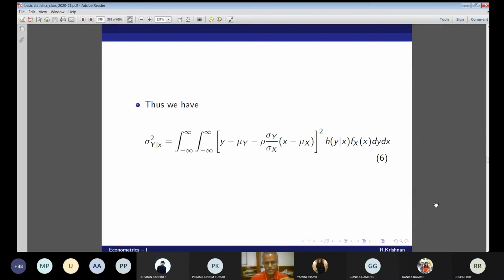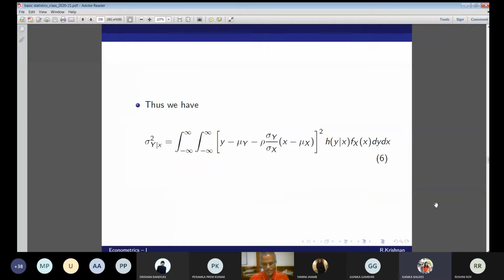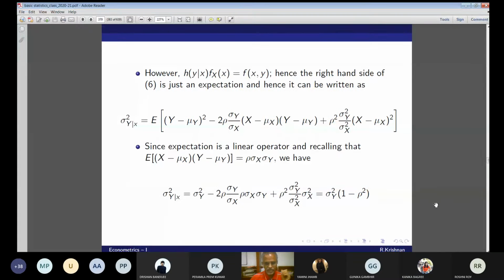So this now gives rise to, however, h(y|x) f(x) is equal to f(x,y), isn't it? The right hand side of this is just an expectation, hence it can be written as such.